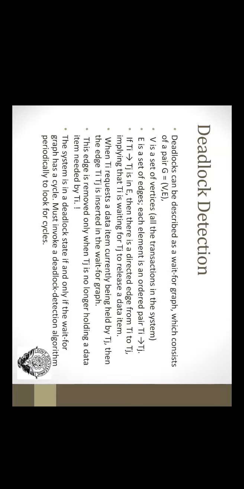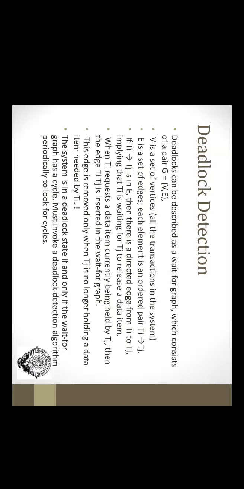If Ti to Tj is in E, then there is a directed edge from Ti to Tj, implying that Ti is waiting for Tj to release a data item. If we have an edge from transaction Ti to Tj, it means that transaction Ti is waiting for transaction Tj to release a lock on a particular data item.